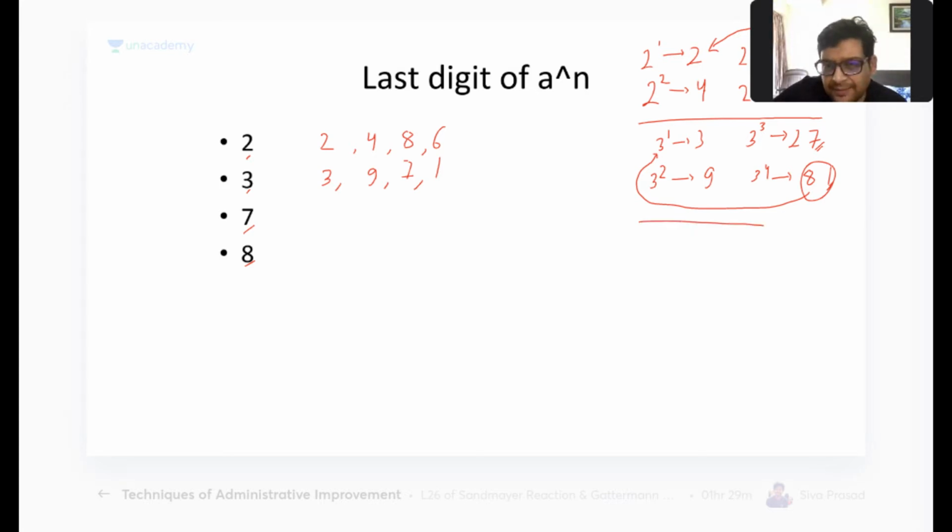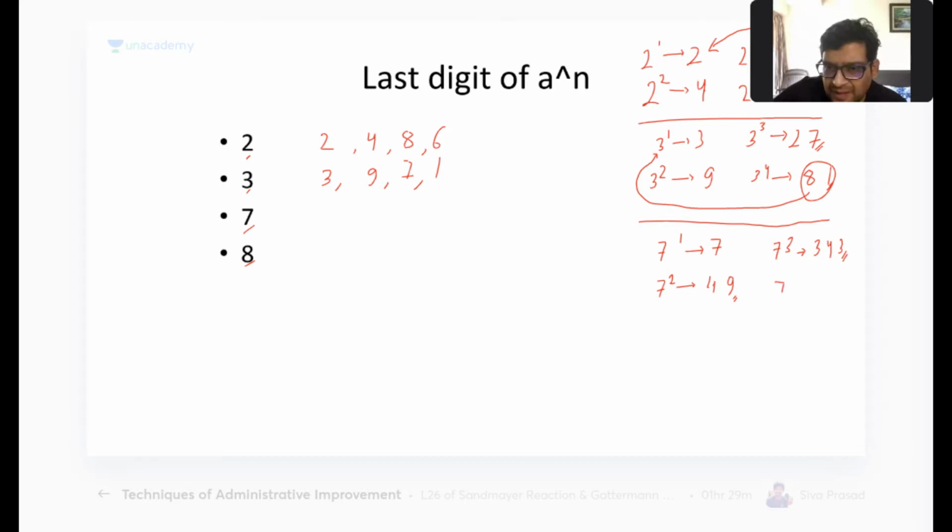Let's look at the next case, which is for 7. So 7 to the power of 1 ends in 7. 7 square is 49, so it actually ends in 9. 7 cube is 49 into 7, so 343.